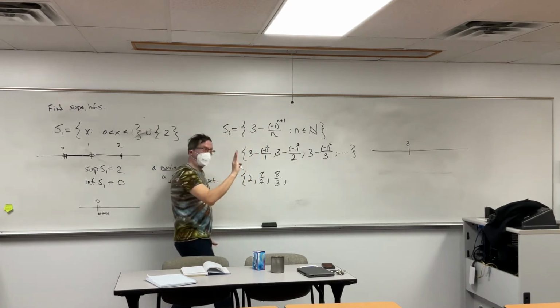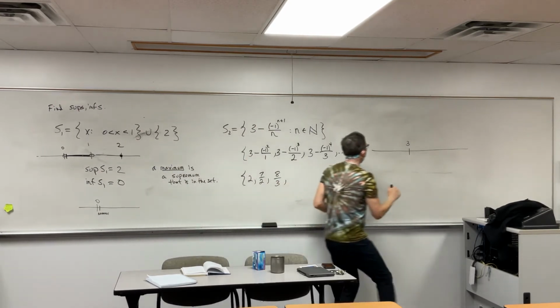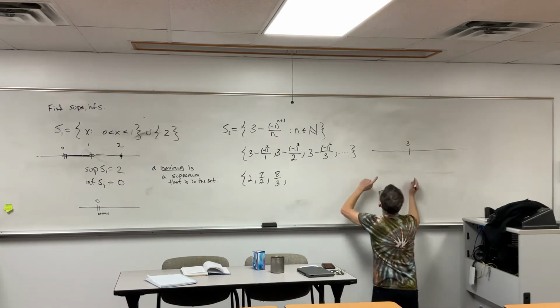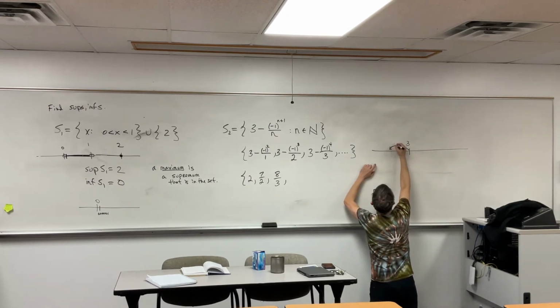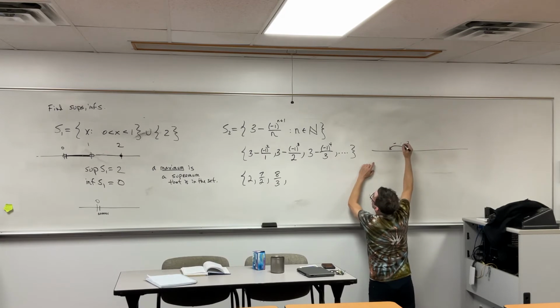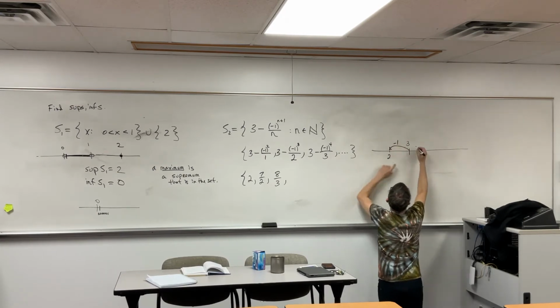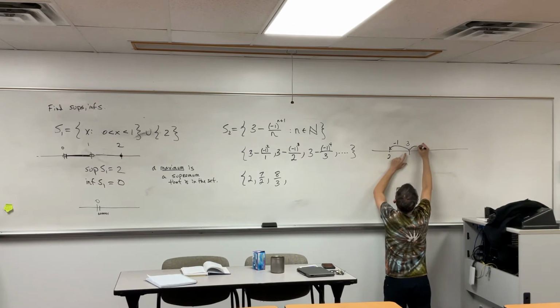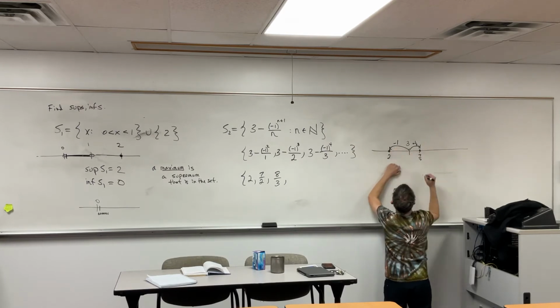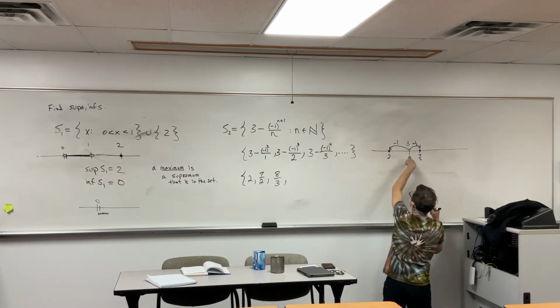decreasing each time. So the first step is going to be 3, and then we go minus, what was it, just -1, right? So that gets me to 2. And then I'm going to plus a half. And that gets me to 7 halves. 3 itself is not actually in this set.